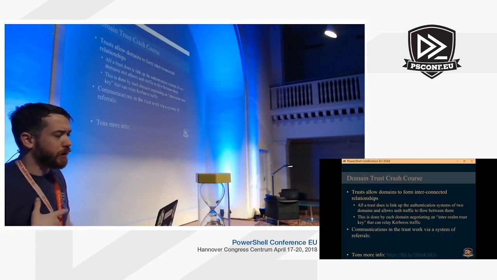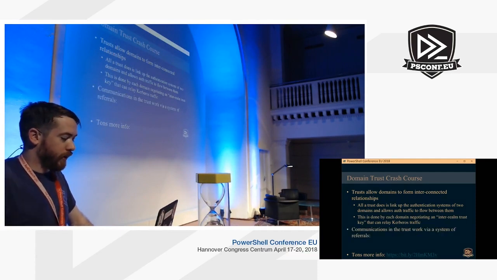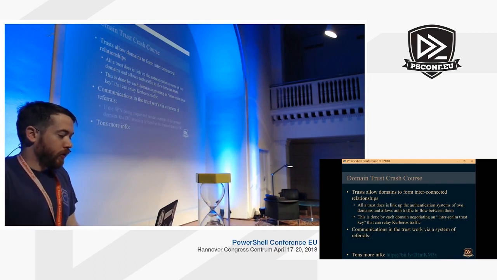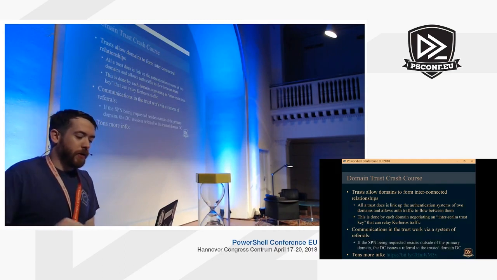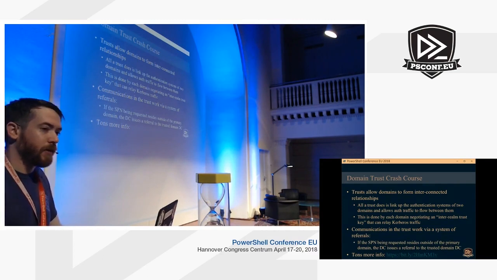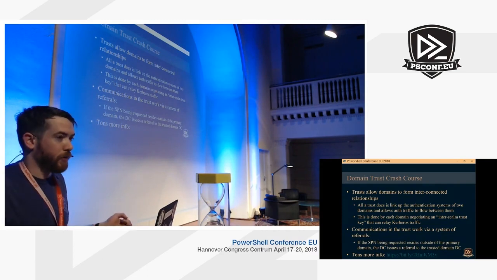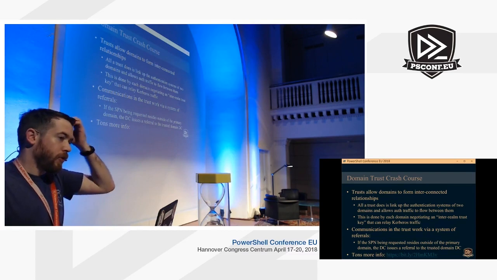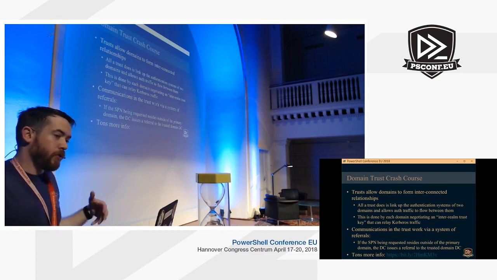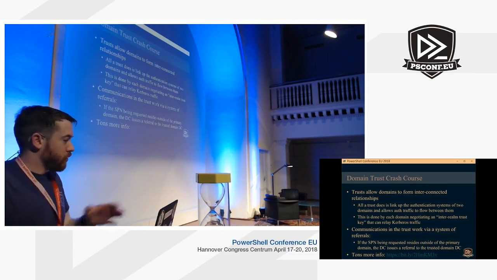The communication in the system works through a system of referrals. If you're in domain A and you request a service ticket to access a service principal name in domain B, your domain will say, oh okay, I don't have this resource in my domain, but a domain I trust does.